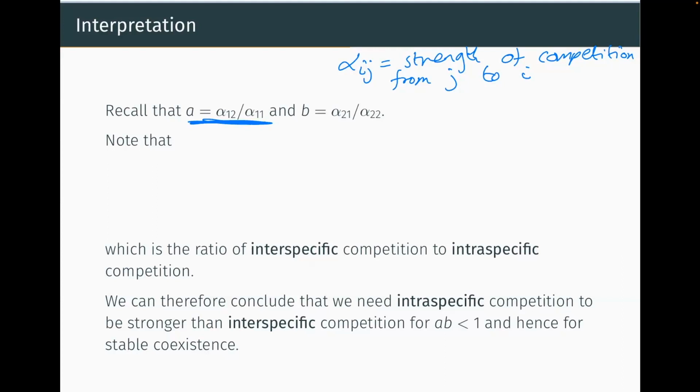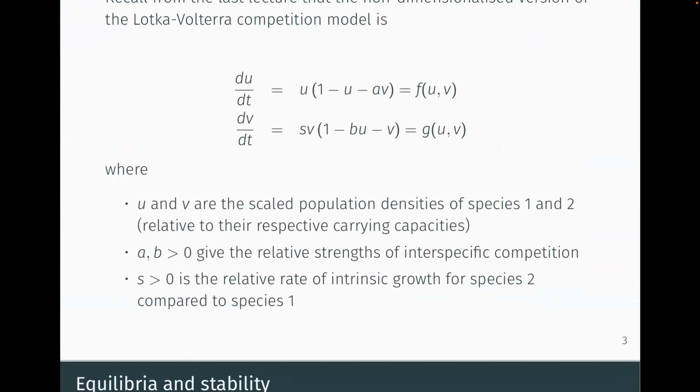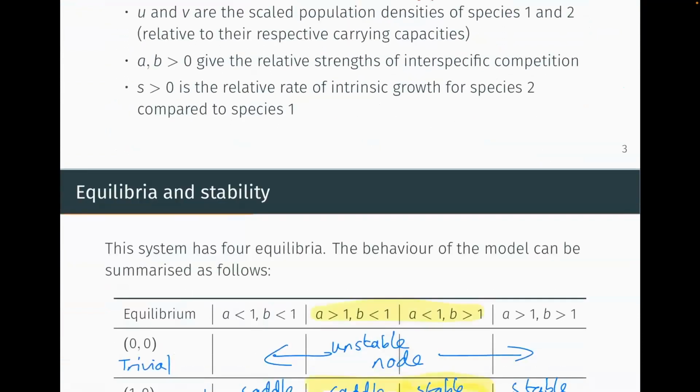Okay, so just going all the way back up to these equations up here. This A is equal to alpha 1,2 over alpha 1,1, and this B is equal to alpha 2,1 over alpha 2,2. It's telling us something about the relative strength of interspecific competition relative to intraspecific competition.